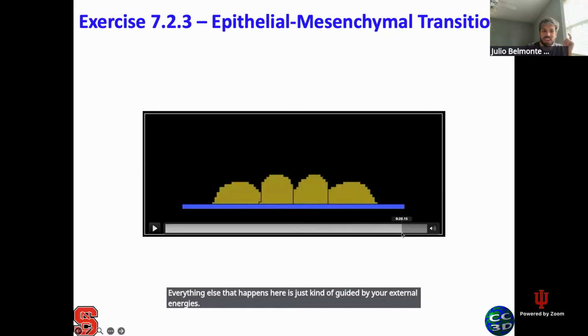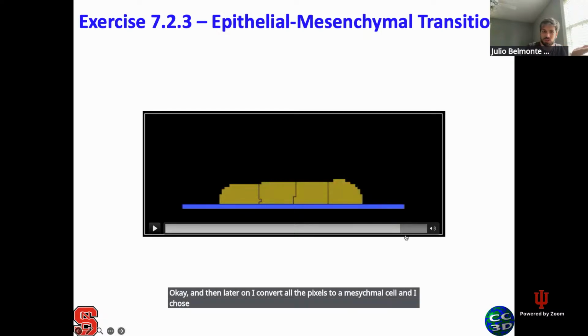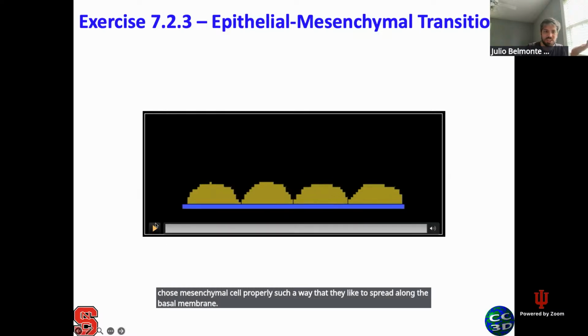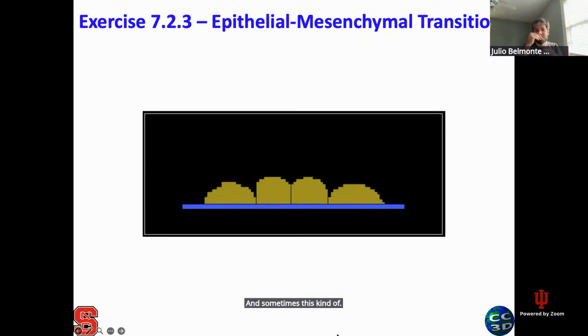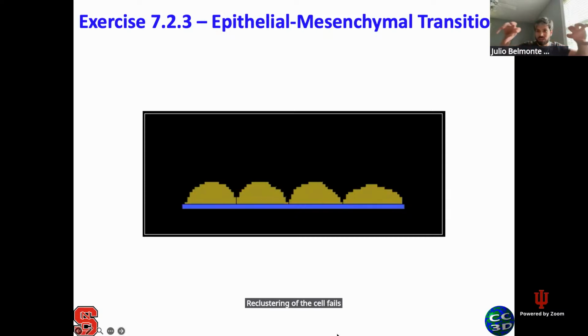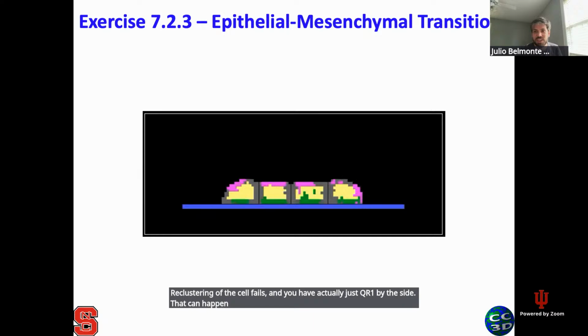Later on, I convert all the pixels to a mesenchymal cell, and I chose the mesenchymal cell properties in such a way that they like to spread along the basal membrane. Sometimes this reclustering of the cell fails, and you end up with just two or one by the side. That can happen sometimes.